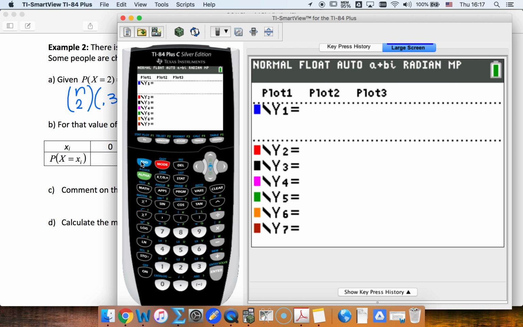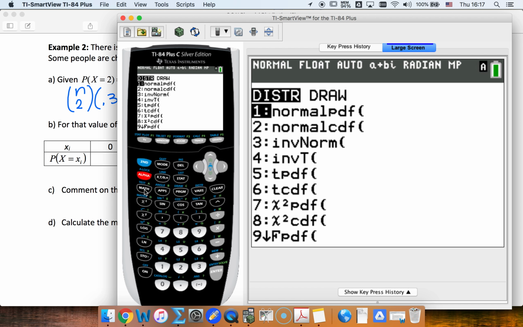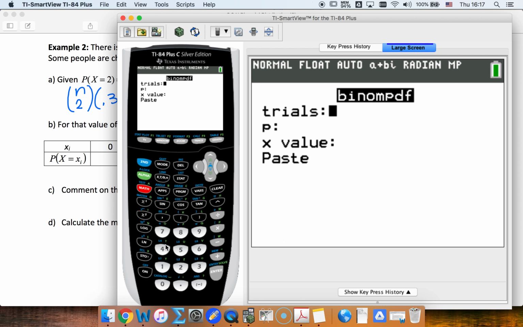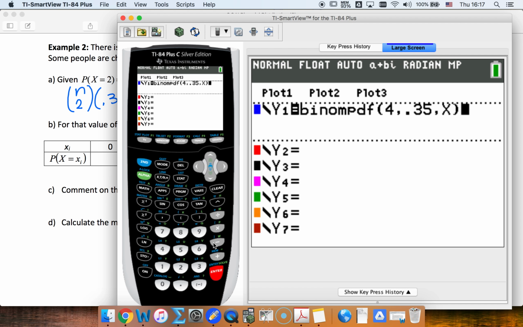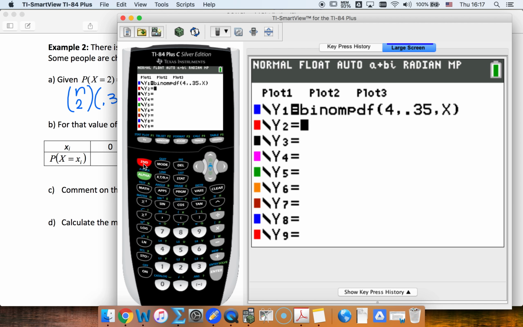All right, let's try that again. Distribution, binomial PDF is A. So I have 4 trials. Probability of success is 0.35. My X value is going to be X. And now I can go ahead and see that.